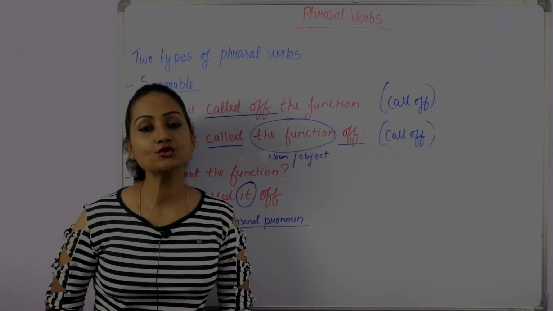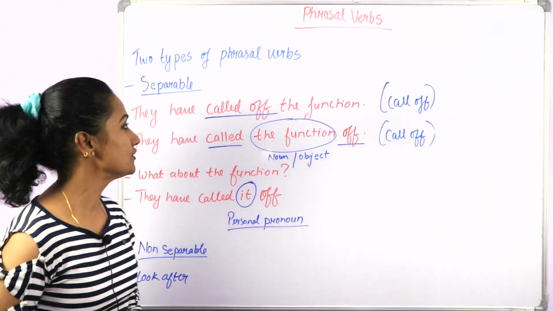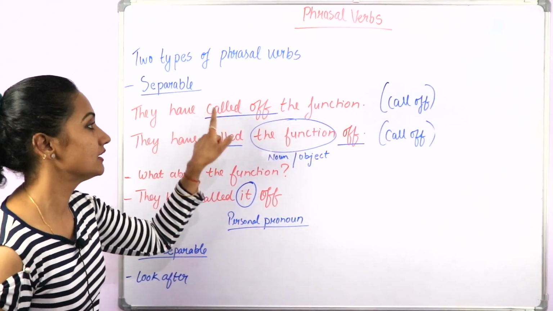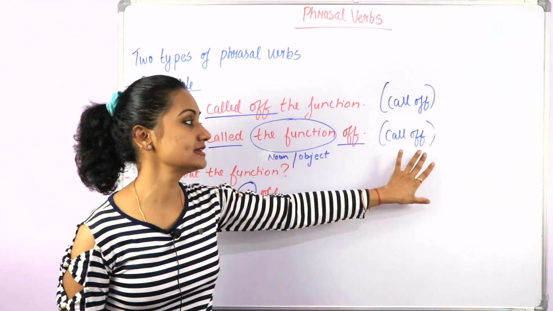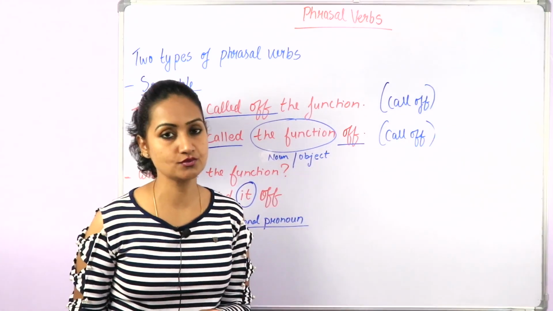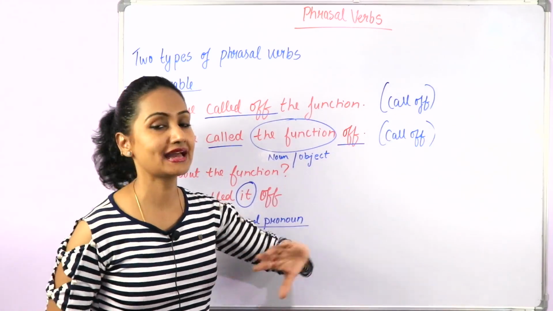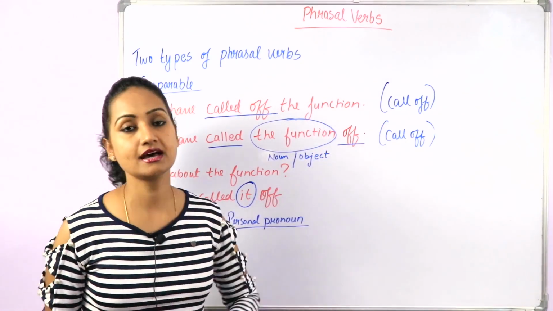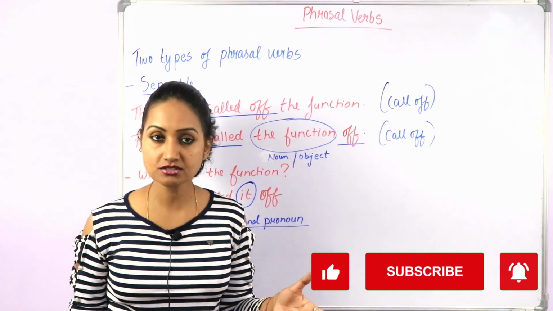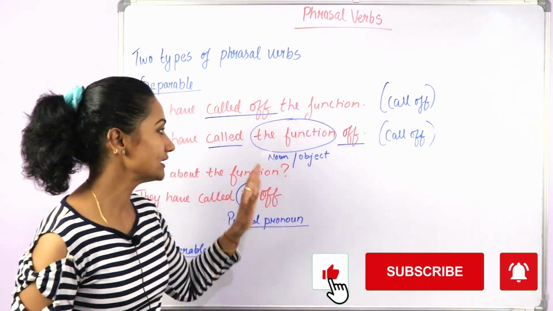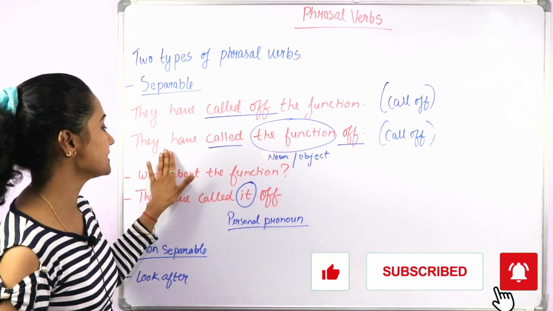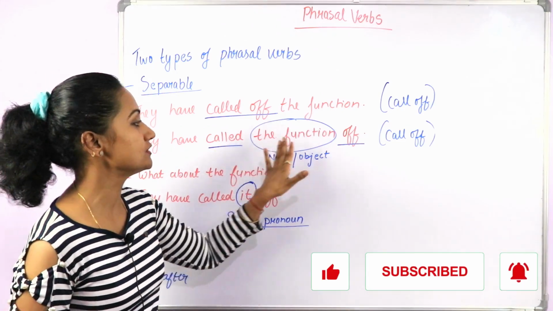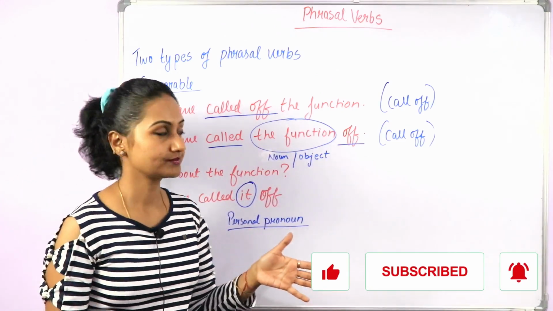There are two types of phrasal verbs. First is separable, like call off. This is a separable phrasal verb. This means to cancel. Now separable verbs means that they can be apart or together. Look at these sentences. In the second sentence, the phrasal verb is apart.